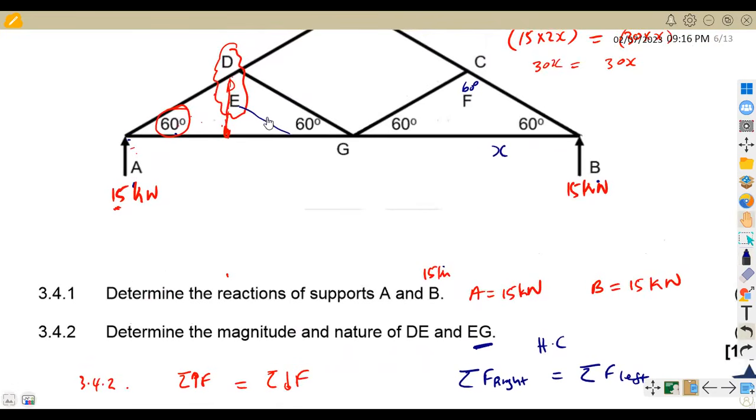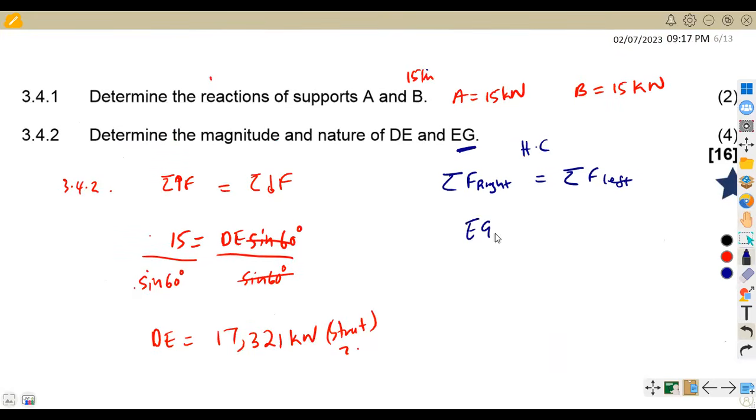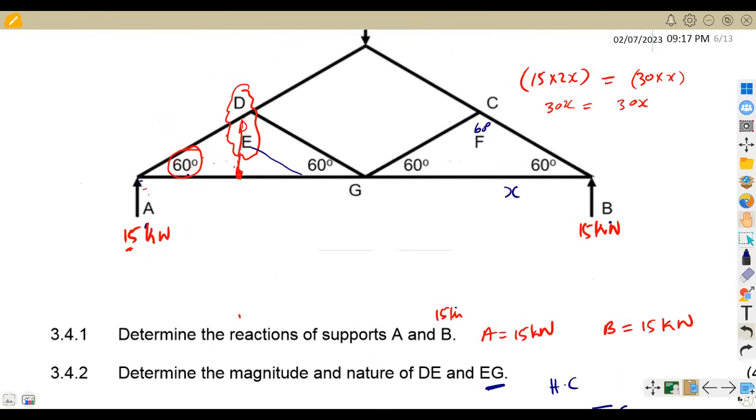We've got our DE, this part of DE affected by the angle theta, which is taken on the left. Then EG in this case is on the right. This is the horizontal part of EG, which is on the right side, equal to, on the left, DE, and there's an angle affecting DE now, which is 60 degrees.